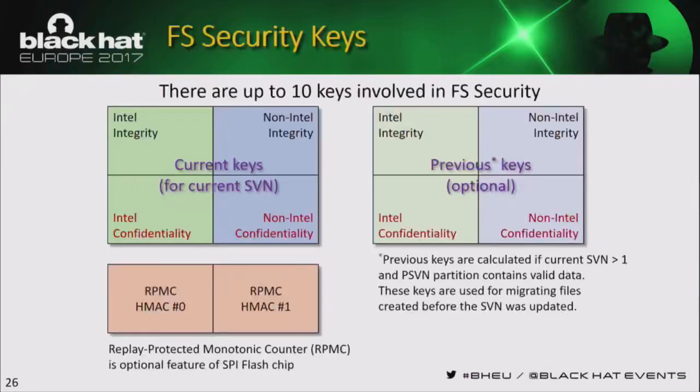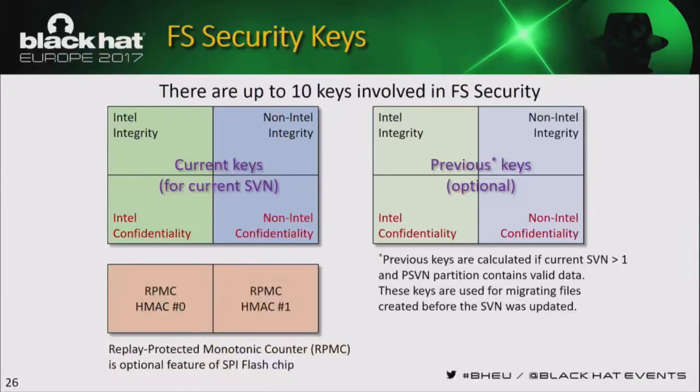And now let's turn to the security part of the research. Actually, there are up to 10 security keys that could be used to provide security for files stored in MFS. Two of them are called RPMC keys, replay protection monotonic counter. Actually, it's a feature of the SPI flash chip.